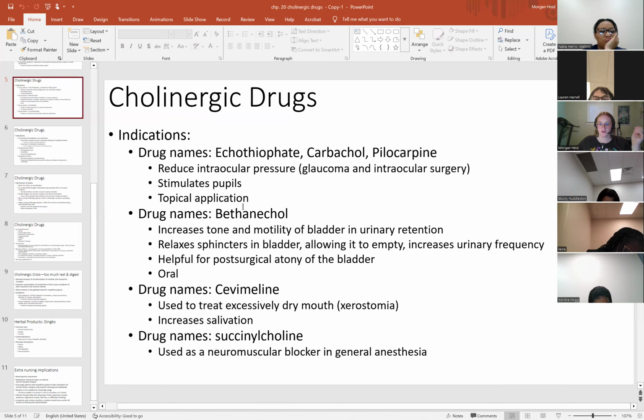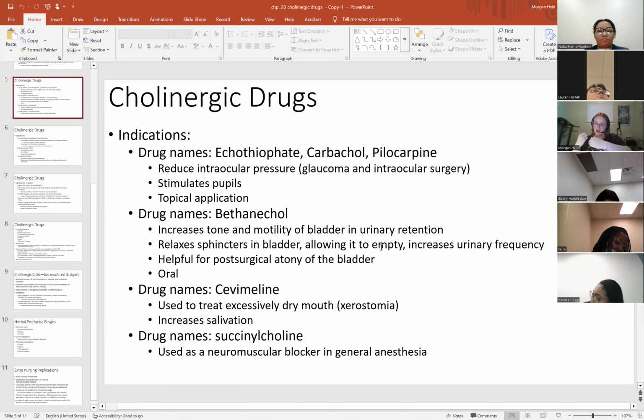Can you repeat what you just said? She said it opened up, and then she said it constricted. By constricting the pupil, which is the dark part of your eye, it's going to open up the passageway that the fluid has to drain out of the eye, because sometimes the muscle sticks out.